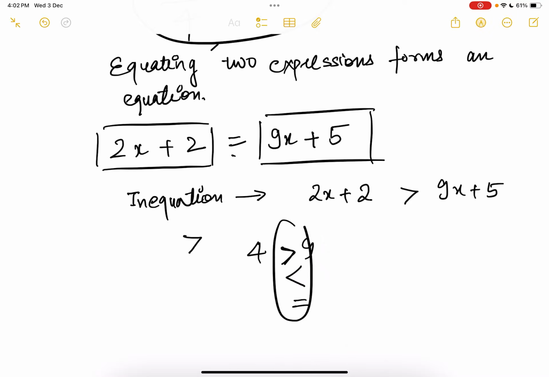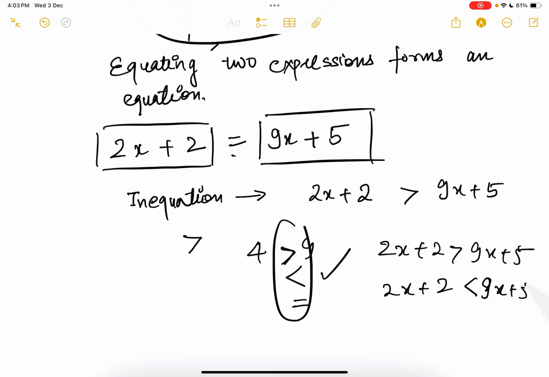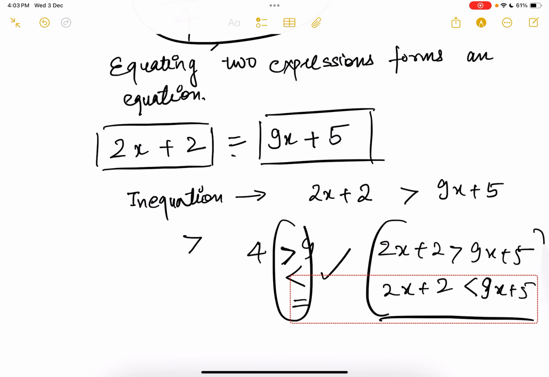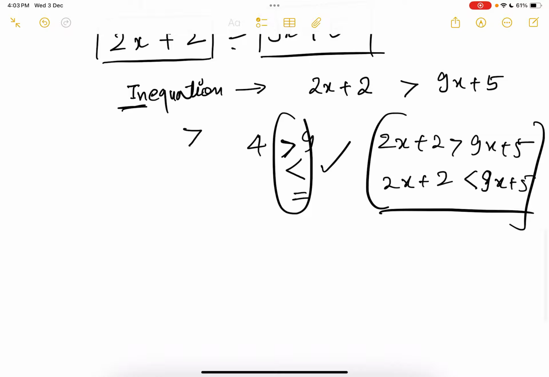These are the only relations you have learned in previous classes. So either I can put a greater than sign or a less than sign, whatever you feel like. In between, there is no equality, there is only inequation. Inequation means equality is not there, right? So that is an inequation.